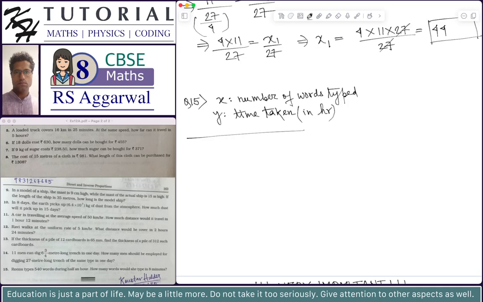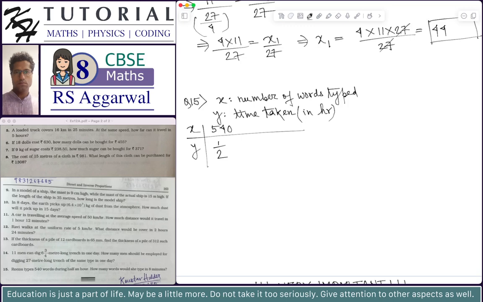Now let's create the table for x and y. It is given that Renu types 540 words during half an hour. Now the x value is 540, and remember we have considered the unit of y as hour. So the y value is given as half an hour, so it is half.